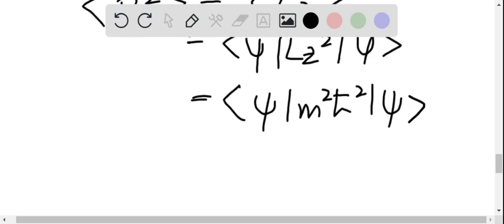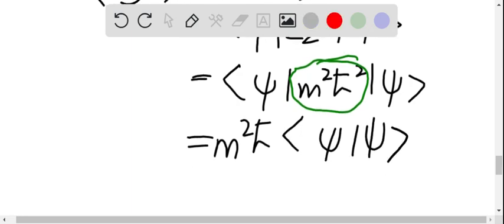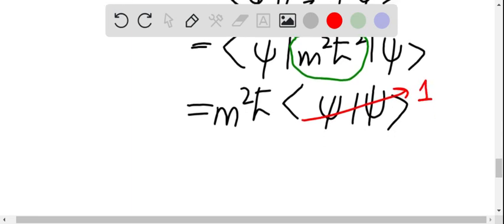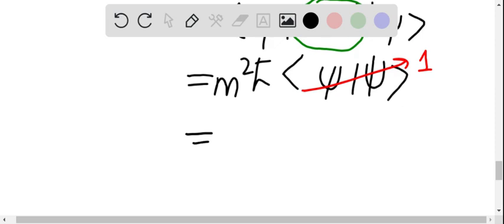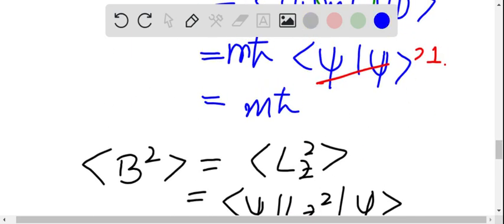Again, this term is constant, so we can write it outside. So we would have m square h cross square times psi psi, and this would be equal to 1. So we would be left with m square h cross square. So this would be the expectation value of b square, and this was the expectation value of b.